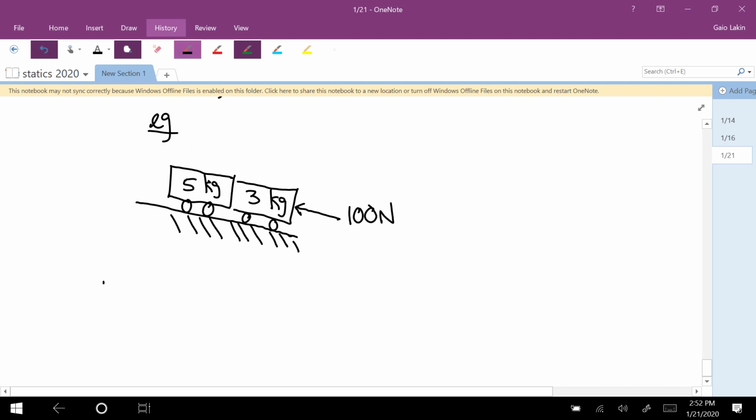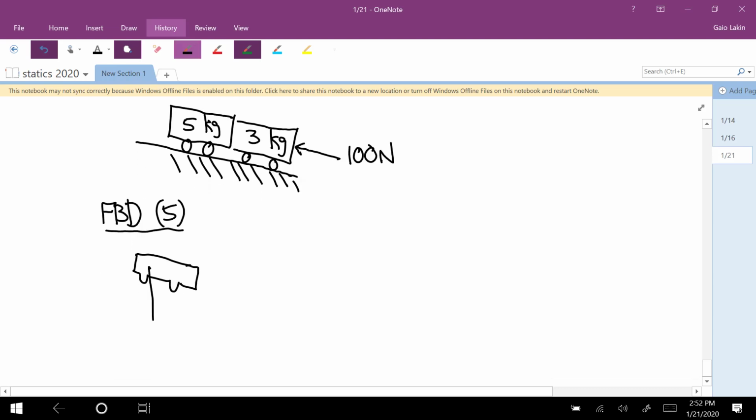For the 5 kilogram, you'd have a weight force. That's 5 times 9.81, so 49.05 newtons down. And then you'd have two pushing contacts.